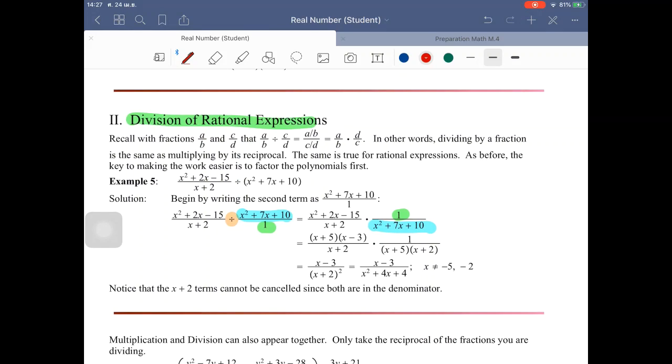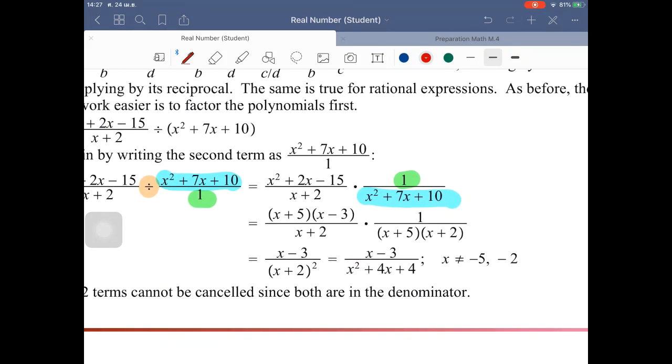After you switch the numerator and denominator, you get x squared plus 2x minus 15. This term you factorize to be this one, and this one you factorize to be x plus 5 and x plus 2. x plus 5 can be eliminated. And then we cannot do anything further, that is our answer, x minus 3 over x plus 2 squared.